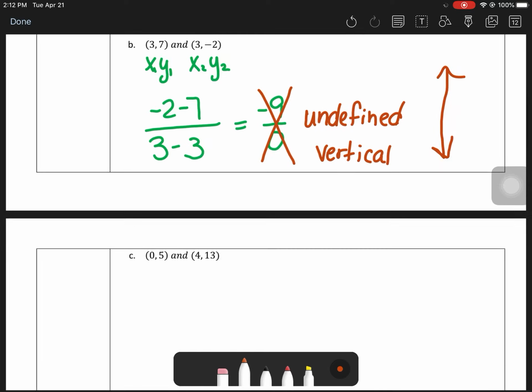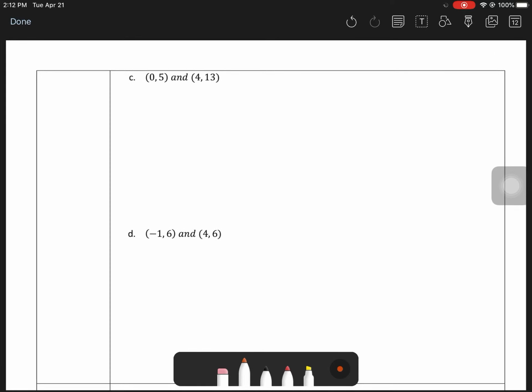Okay? All right, let's do the next one. So we have x1 and y1, and we have x2 and y2. We're going to subtract the y's first, so 13 take away 5, and then we're going to subtract the x's, 4 take away 0.